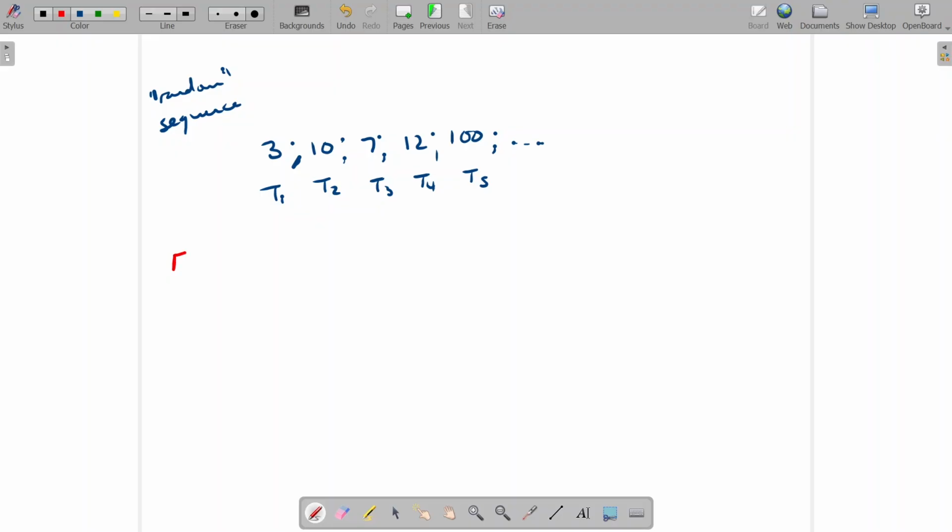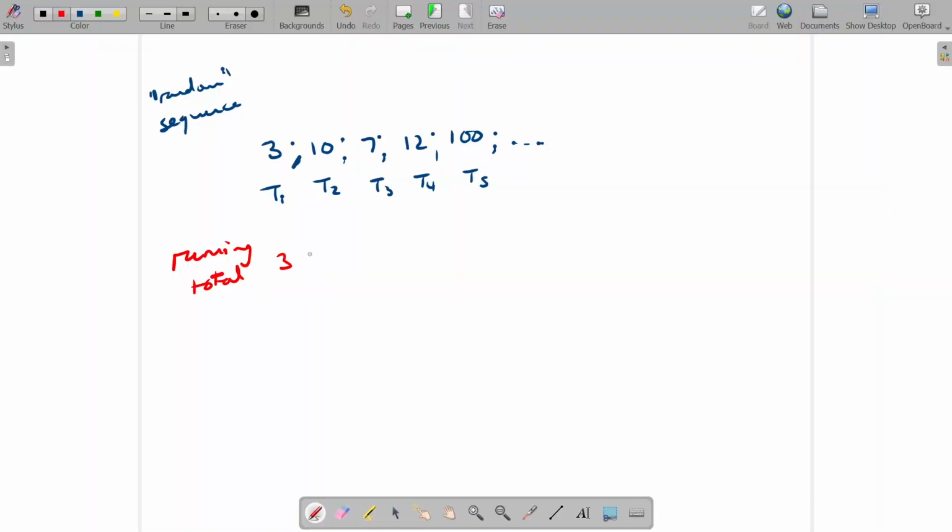Well, imagine I was keeping track of my shopping trolley with a running total. You might know this from statistics, that would be your cumulative frequency. So having put one item into my basket, I would have 3 Rand. Having put the second item in, the total would be 13 Rand. Having put the next one in, it would be 20 Rand.